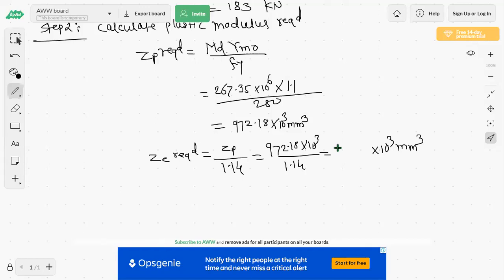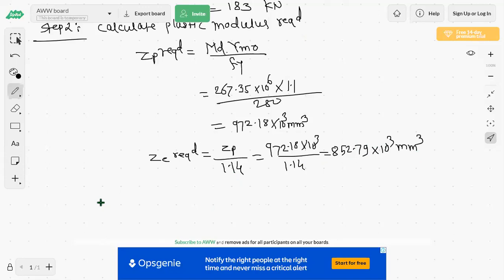Tell me fast. 852.79 into 10 raised to 3 mm cube.